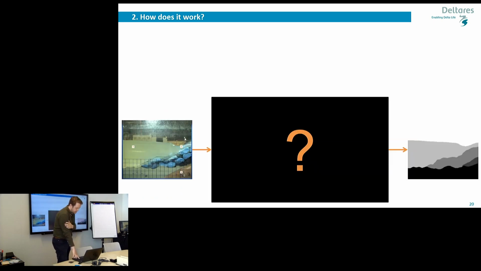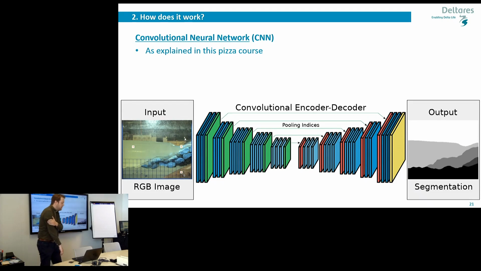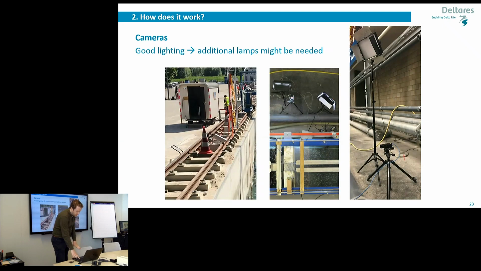So how do you do that? Using a CNN, Convolutional Neural Network. And also that Jonathan's going to explain later in this course, so I'm not going to go into very much on how this exactly works, these techniques, because that's going to go later. Apart from the technique, you need video imagery that's usable for it, right?